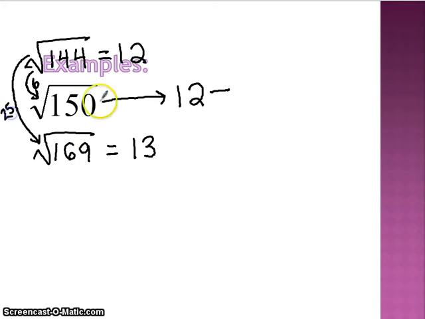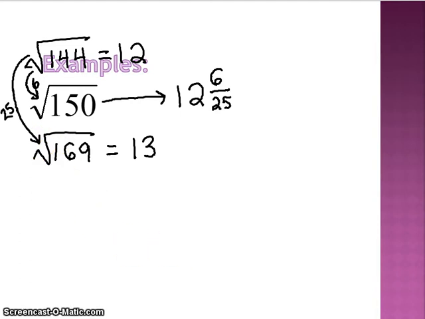So we would say that the square root of 150 is about 12 and 6/25, because it has 6 more than the square root of 144, but it would need 25 more.